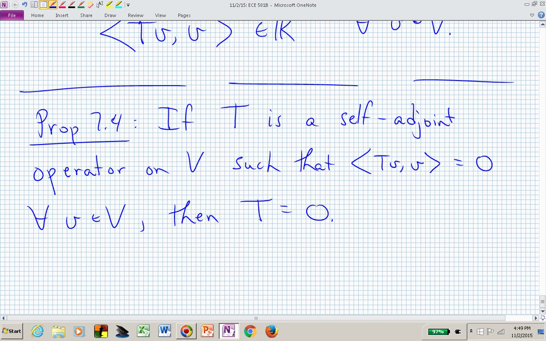What's the difference? What are we assuming? What are we not assuming? In 7.4 or 7.2, what's the difference between these?